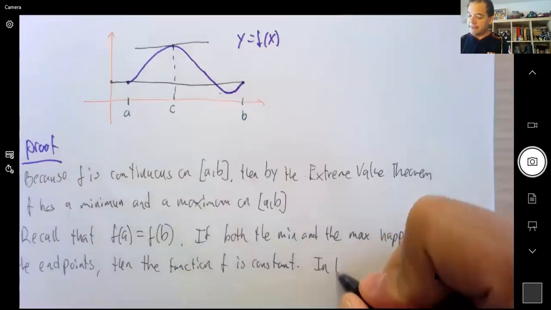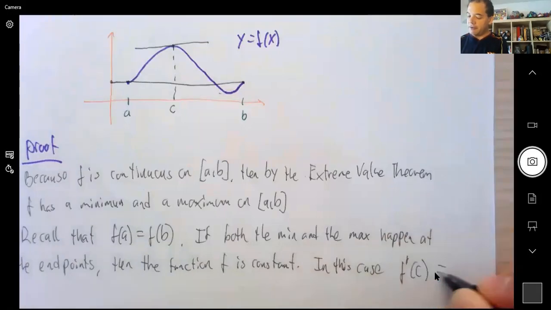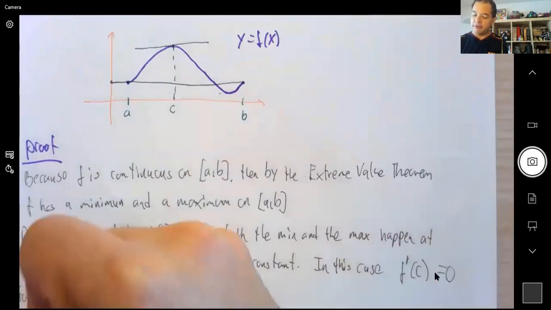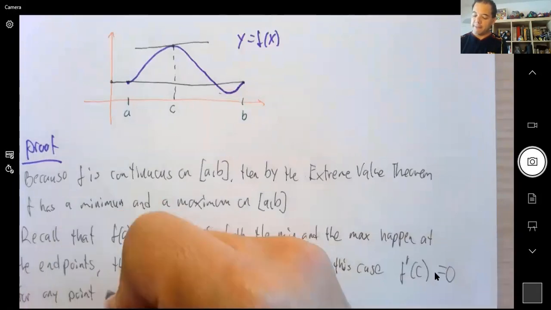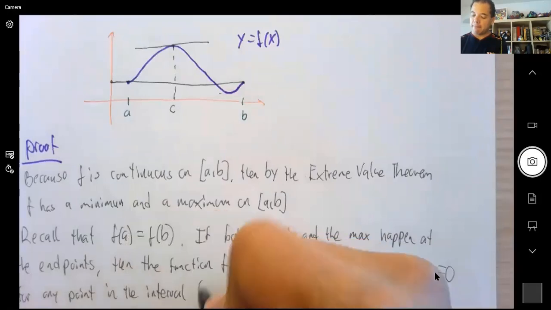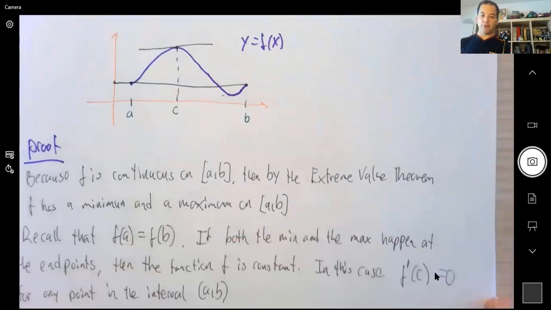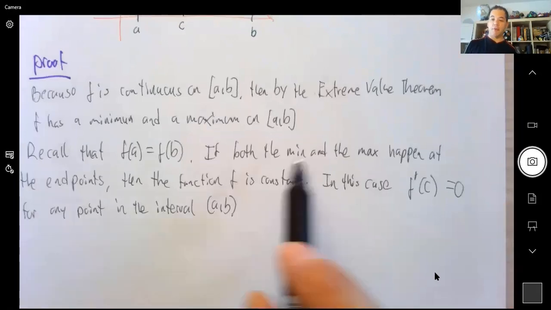In this case, f prime of C equals 0 for any point in the interval AB. Pick any point, and that point will work. So that's if both the minimum and the maximum happen at the endpoints.